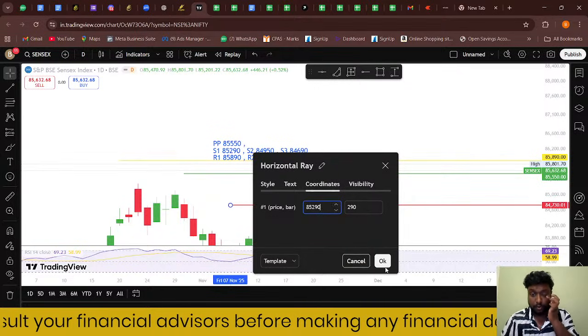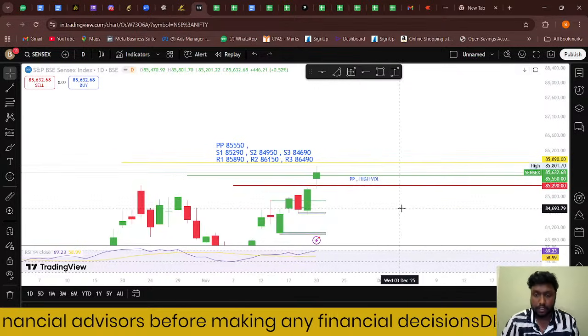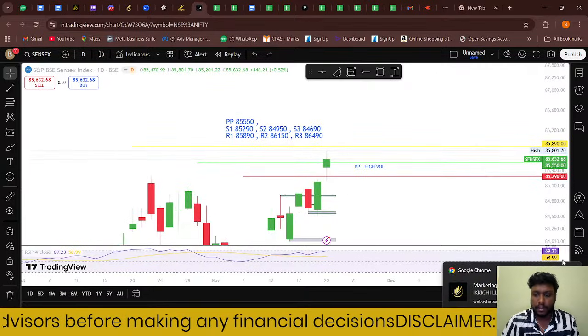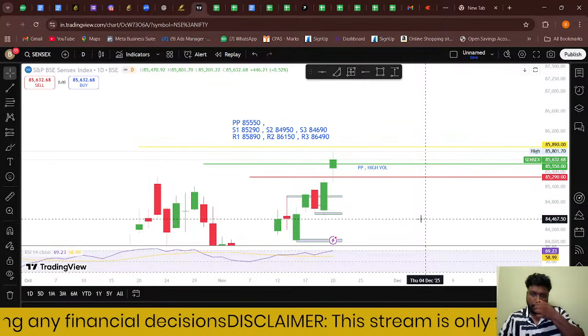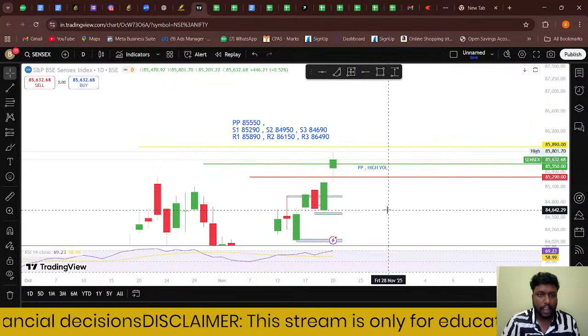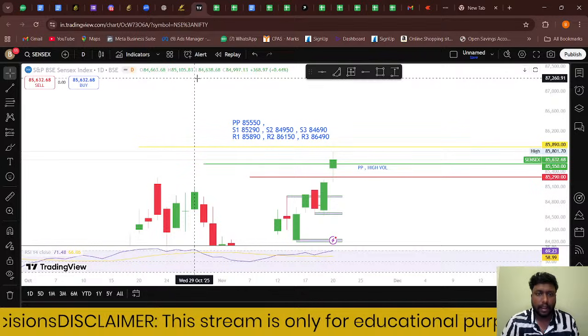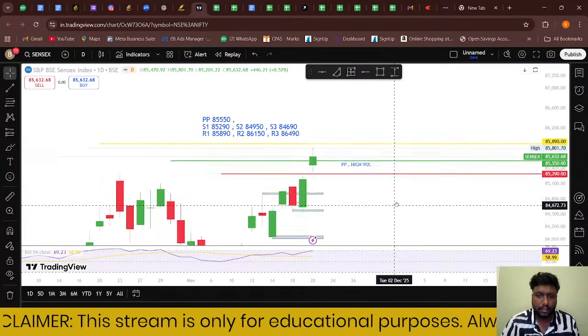So these are the zones for Sensex with respect to the pivot point, which we calculated on the basis of high, low, and closing of Sensex.